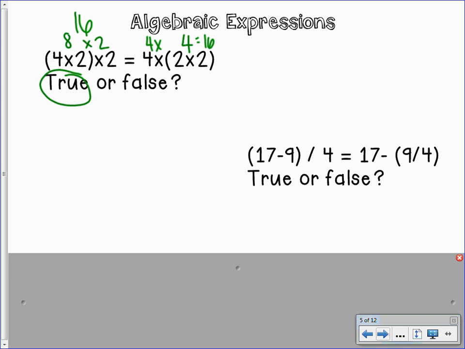Try this one. Don't say the answer, try it on your own. Everybody needs to do it because everybody's going to have an answer, whether you think it's true or false.